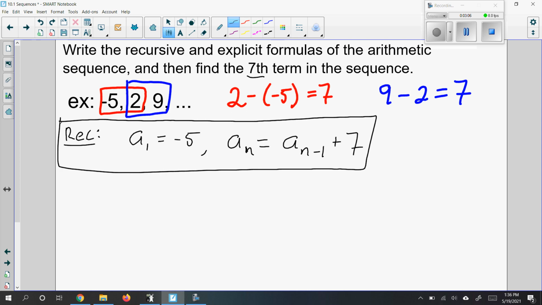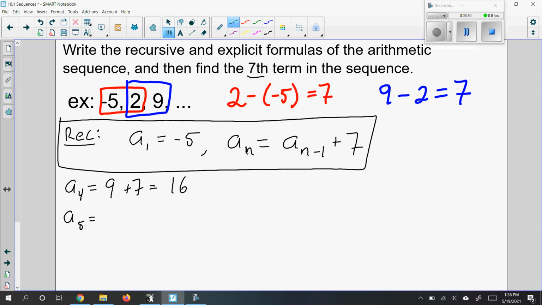Let's use the recursive formula to find the seventh term. Well, we've got the first three terms, so to find the seventh term, I first need to find the fourth term. Well, the fourth term is equal to the third term, which is 9, plus 7, which is 16. Now I need to find the fifth term.